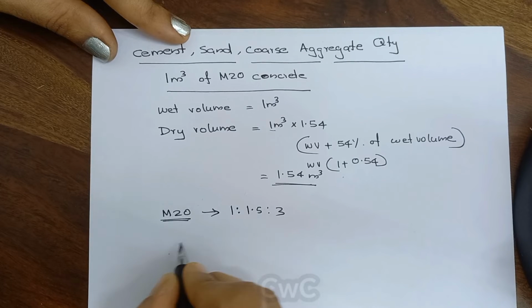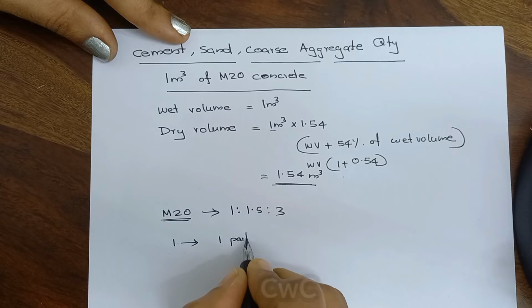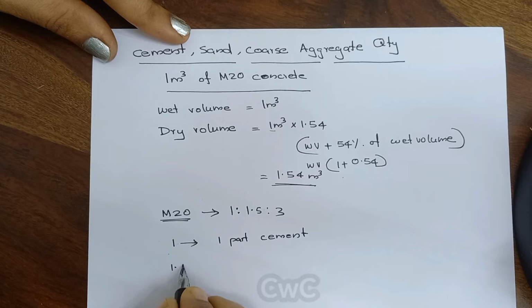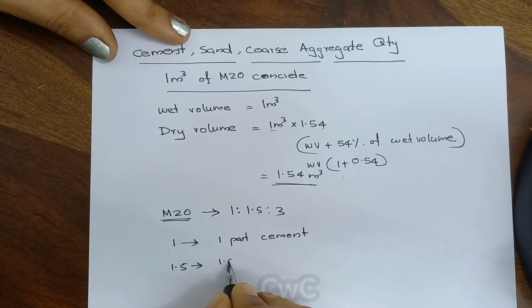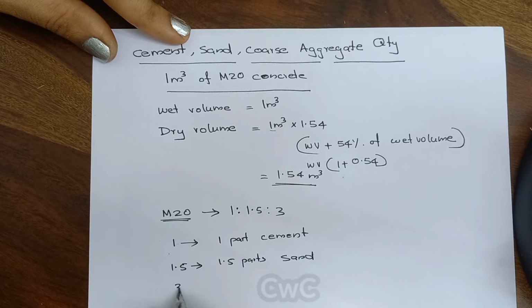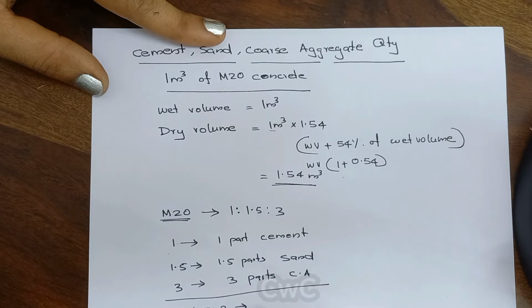Here 1 refers to 1 part cement and 1.5 means 1.5 parts sand and 3 means 3 parts coarse aggregate. Adding all this we will get 5.5 parts.